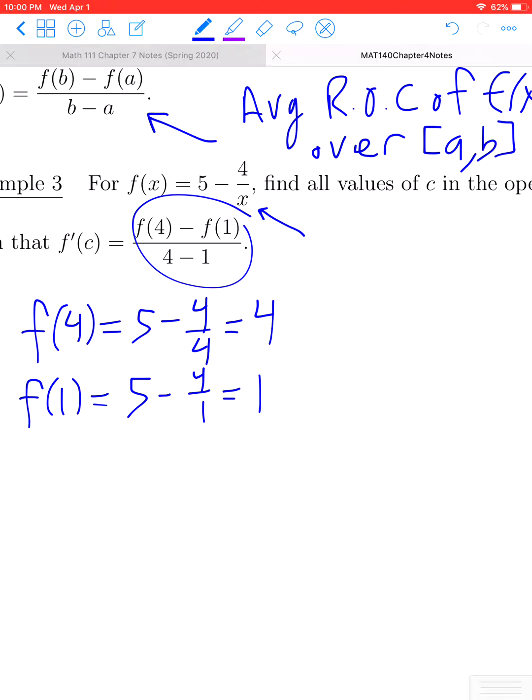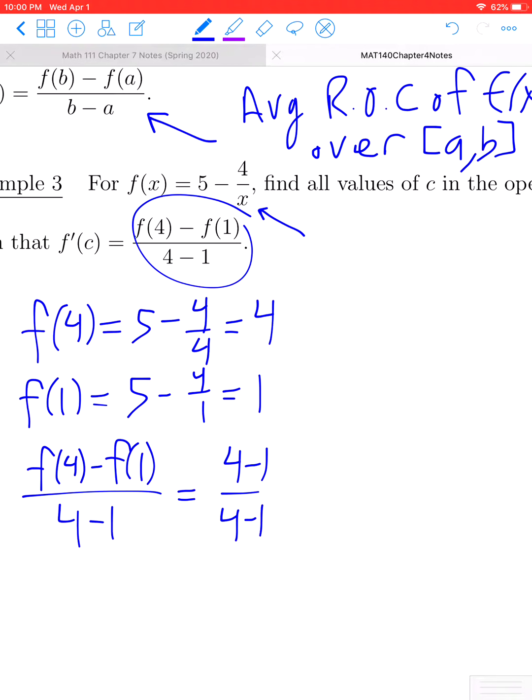So this ratio, f of 4 minus f of 1, all divided by 4 minus 1, works out to be 4 minus 1 over 4 minus 1, which is 3 over 3, or just 1.